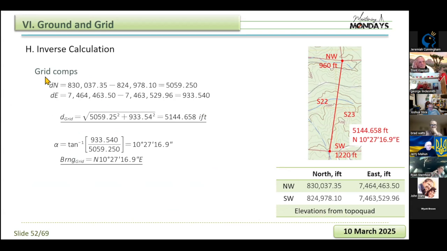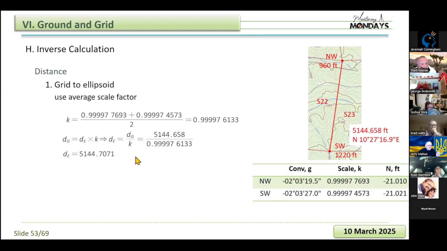So if I do my inverse calculations, I get my grid distance in international feet and my grid bearing. Now I want to work backwards, and I'm going to use my average scale factor. Since the grid distance is equal to the ellipsoidal distance times k, I work this backward. If I take that grid distance and divide it by the scale factor, that gives me the ellipsoidal distance.